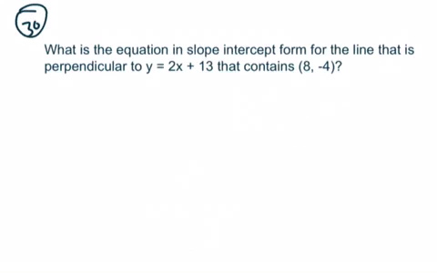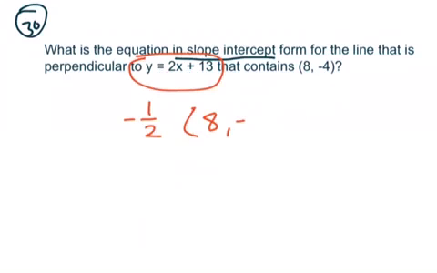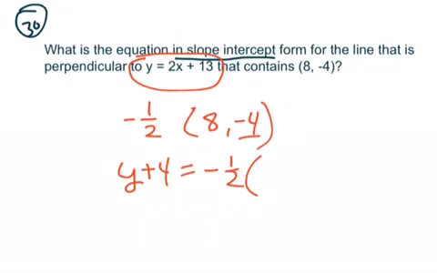What's an equation in slope-intercept form for the line that is perpendicular to this line right here, but it contains 8, negative 4. Okay, so if it's perpendicular to this line, so this slope is 2. Okay, so our line's slope perpendicular would be negative 1/2, but going through 8, negative 4. So writing the equation, y plus 4 equals negative 1/2, parenthesis, x minus 8.